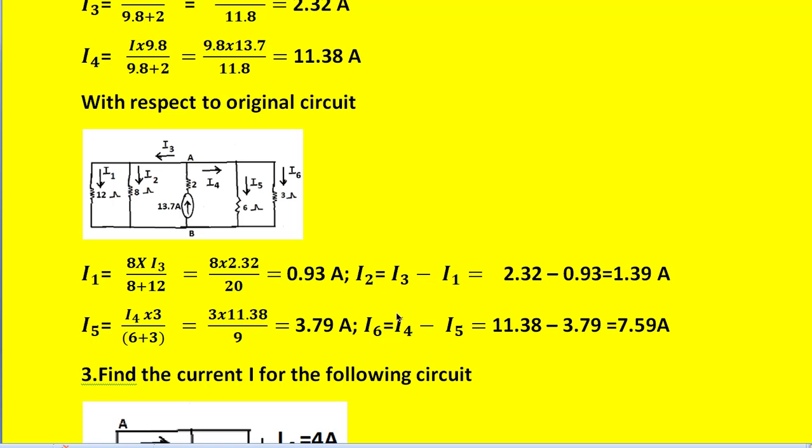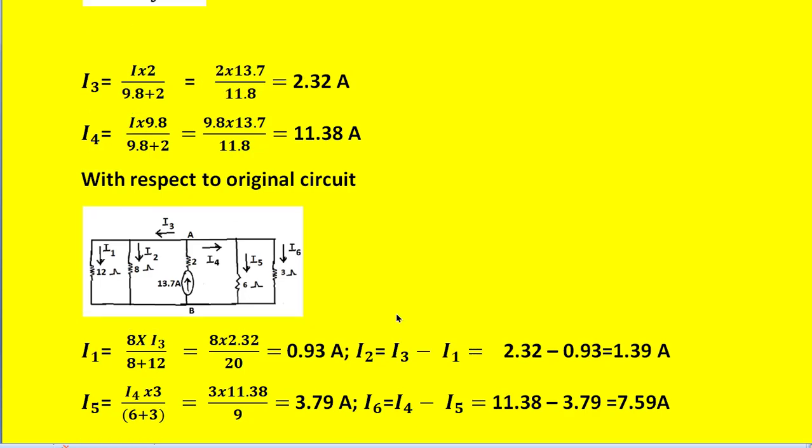Next, once we know I3 and I1, we can calculate I2 by applying KCL here. I3 minus I1 will give us I2. So that is 2.32 minus 0.93, which gives 1.39 amperes.